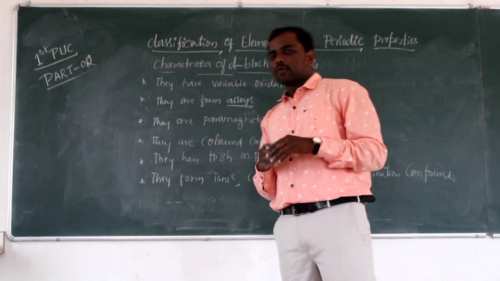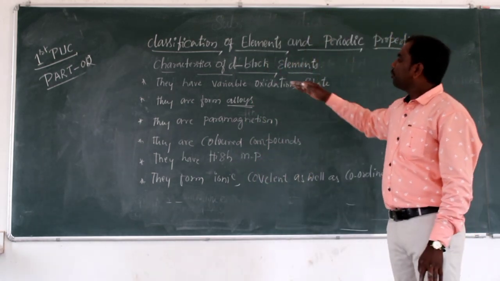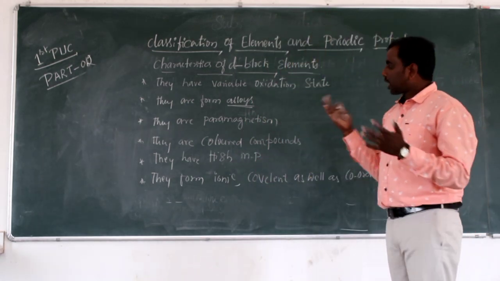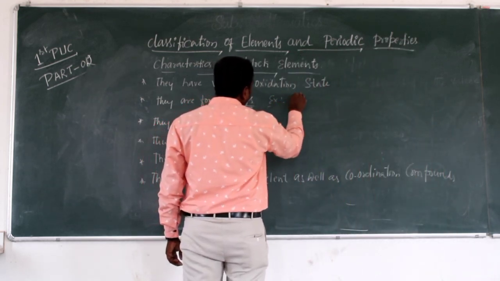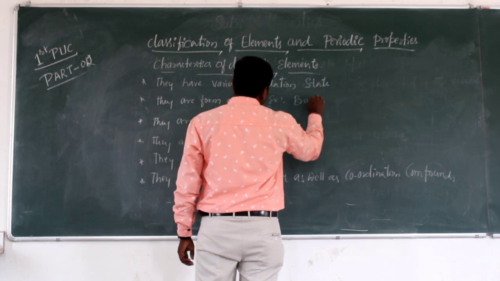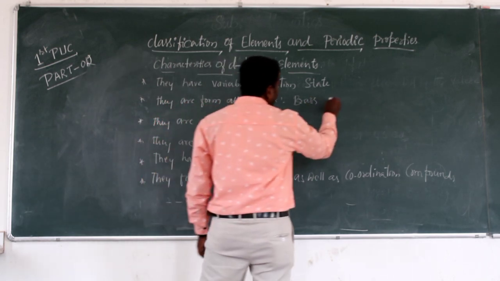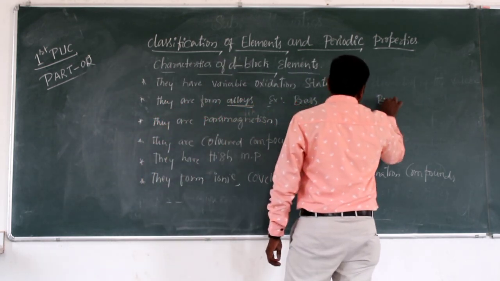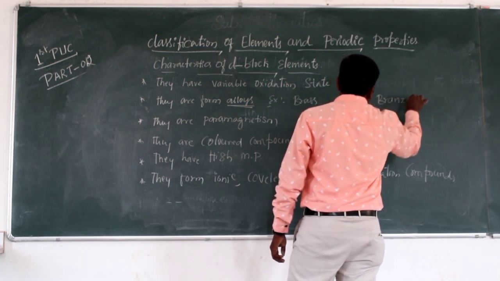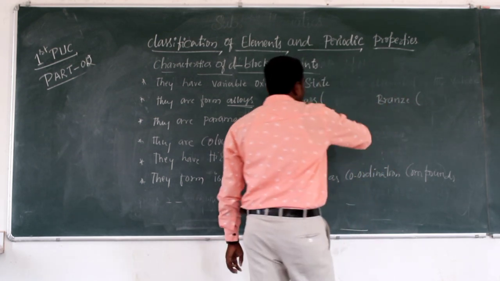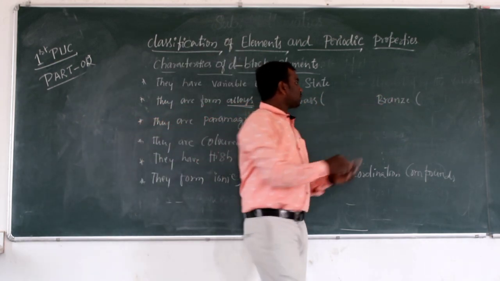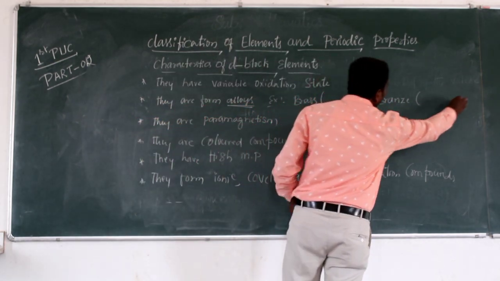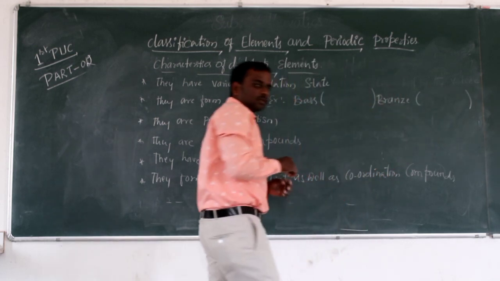For example, bronze. Bronze is an example of an alloy, right?